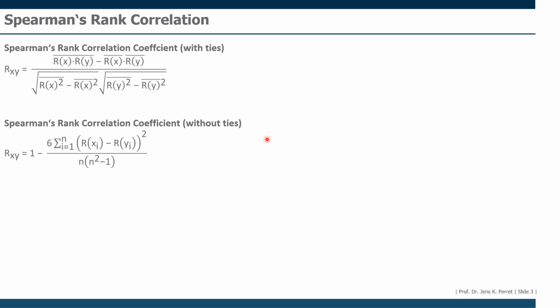However, as I said, it's not as strong as the Bravais-Pearson version, because the Bravais-Pearson version measures a linear relationship, whereas Spearman's version measures a monotonous relation. What does monotonous relation mean? Monotonous relation simply means large with large, small with small, or if it's negative, small with large.